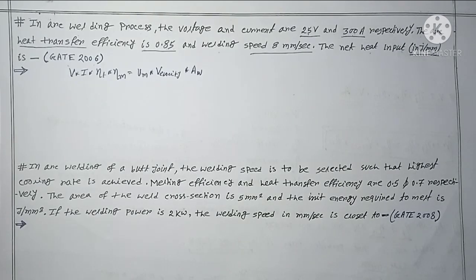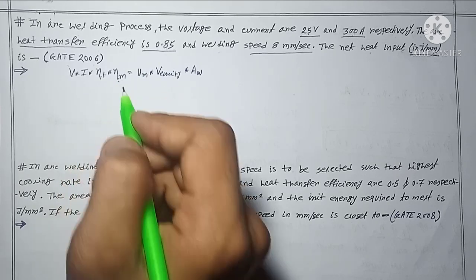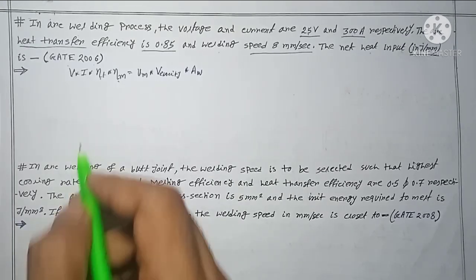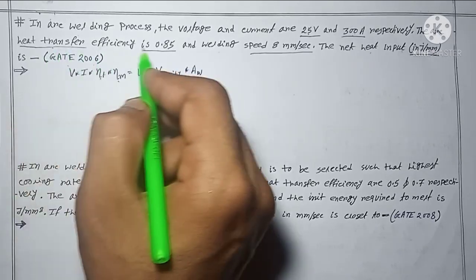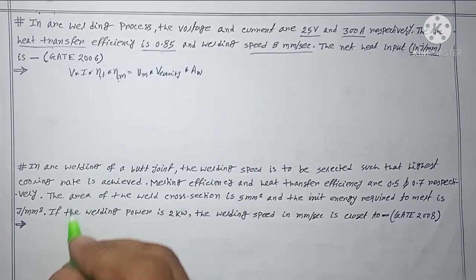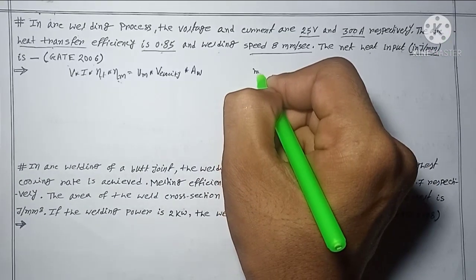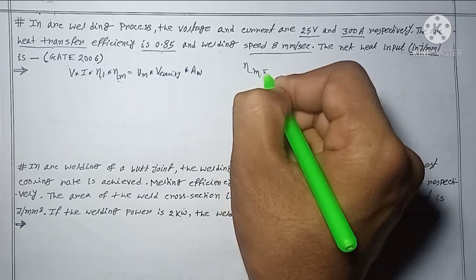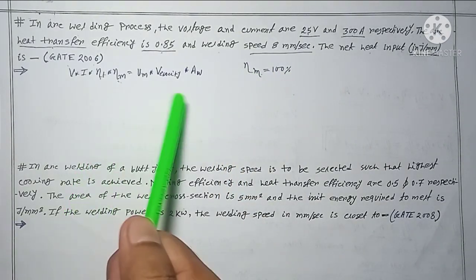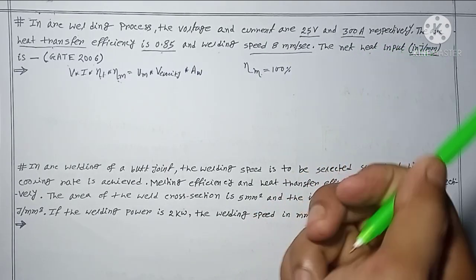Now I already told you, among transfer efficiency and melting efficiency, if any one is not present, then simply consider it as 1. So here heat transfer efficiency is given but melting efficiency is not given, so you can simply take the melting efficiency as 100%.